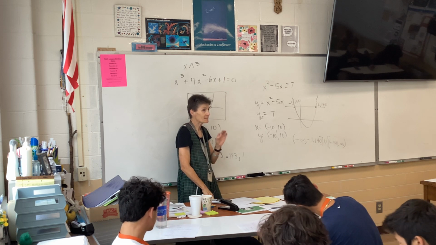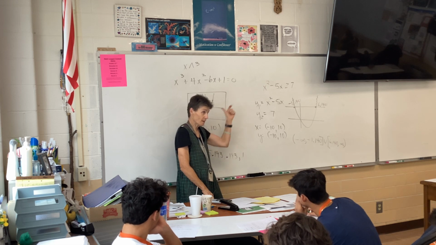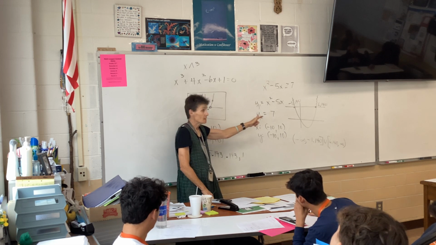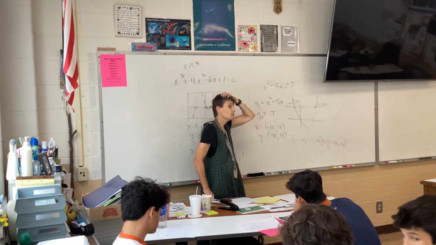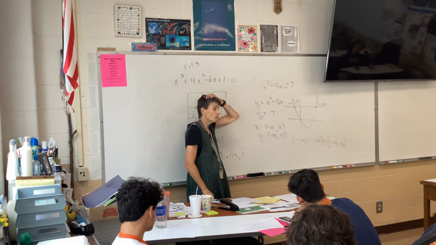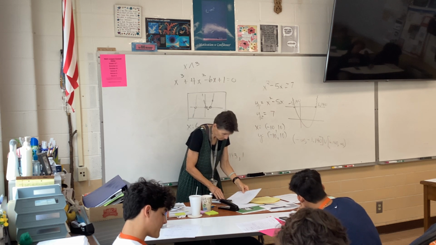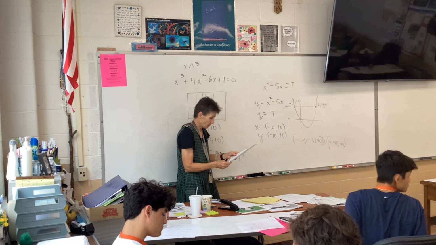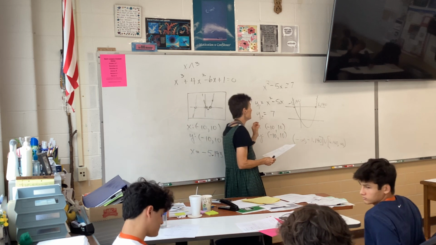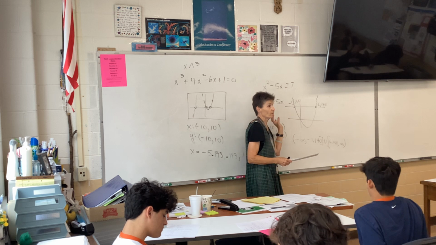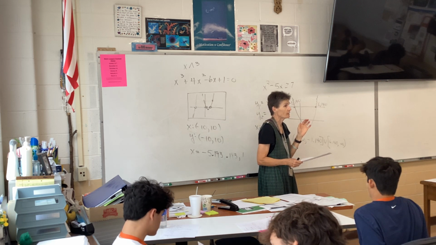Okay, does everybody see the difference between how you answer this one and how you answer that one? An equals problem has x equals as the answer. The answer was domain. No, in this problem, the domain is actually going to be all real numbers because it's not a word problem, so there's no restrictions on it.